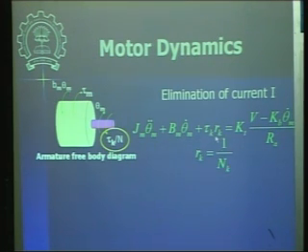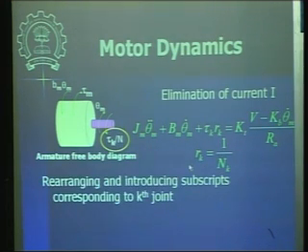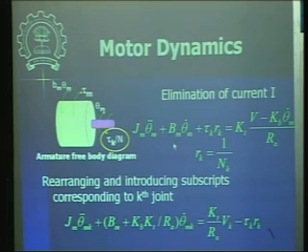Okay, this RK is a new term introduced corresponding to the gear reduction ratio, and this RK is given by 1 over NK. So now we can rearrange these equations and introduce this subscript for the kth joint of the robot manipulator to get these equations of motion.